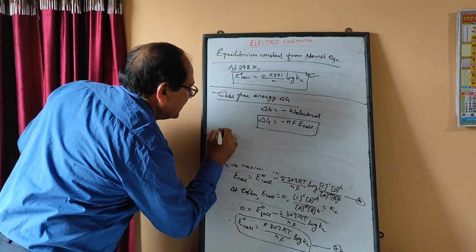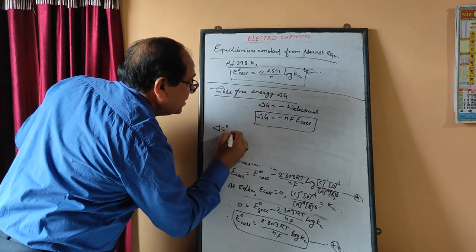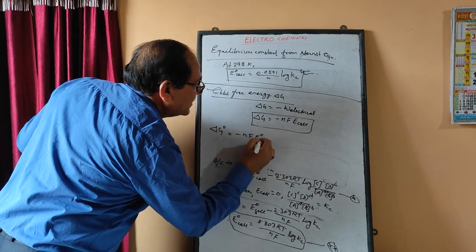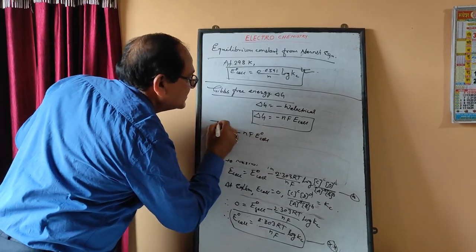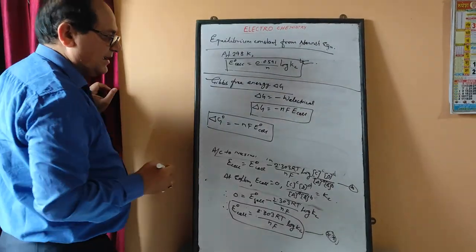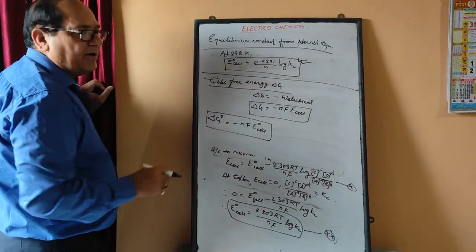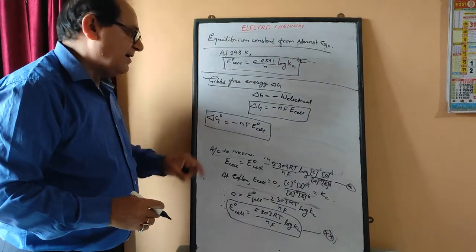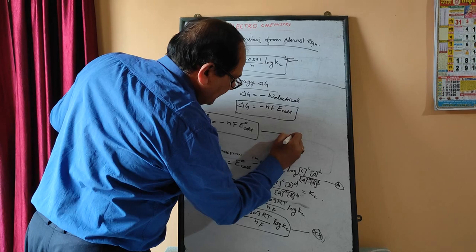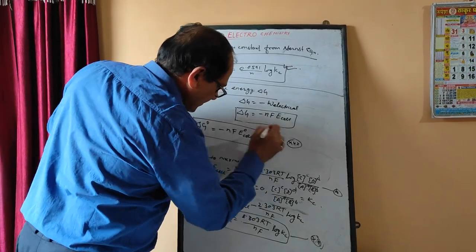Similarly, delta G naught is equal to minus nF E naught cell, where delta G naught is the standard free energy change. This is equation triple star.